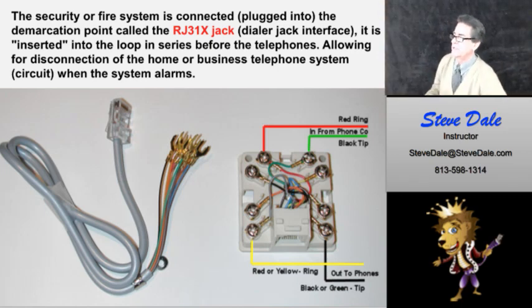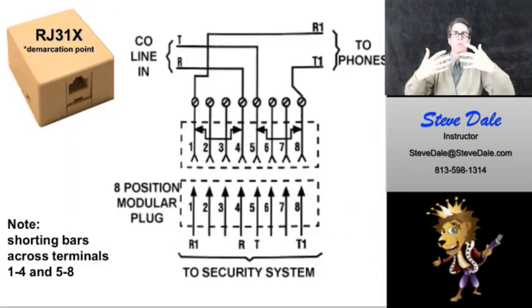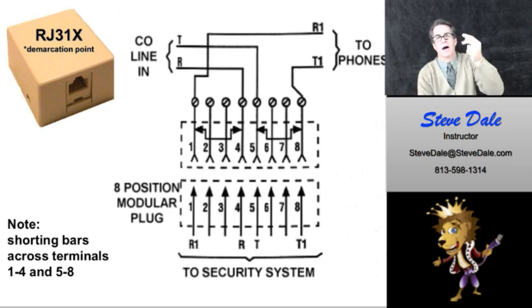All the jacks are listed there, and they ask you a question: what if you hook up the modular jack, the RJ31X jack, wrong? What if you put it on pin so and so? What happens? The available choices are phone works, alarm doesn't work, several choices with the alarm system and the phone working or not working.